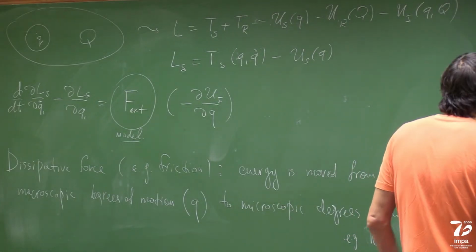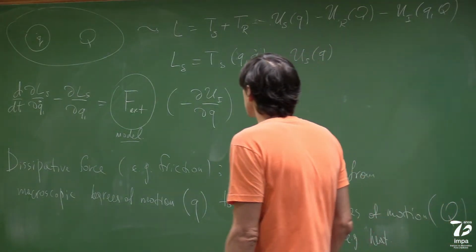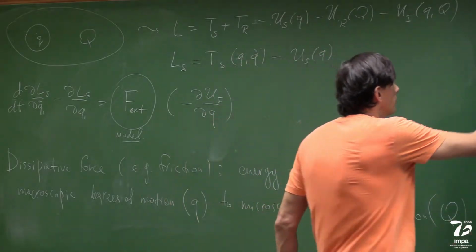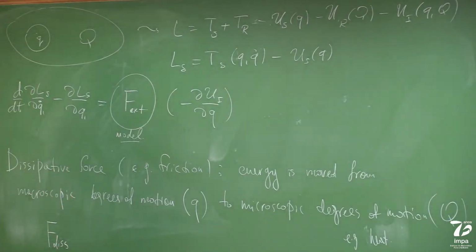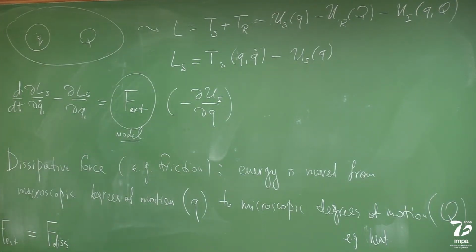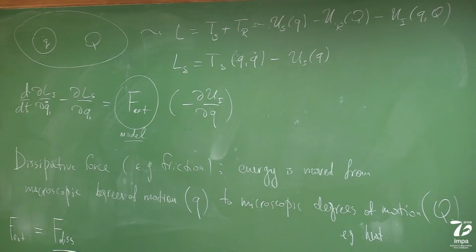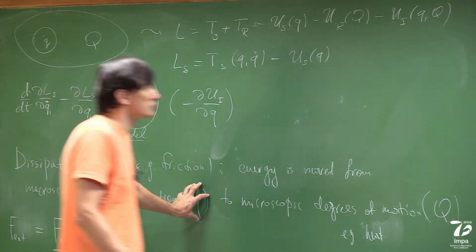You do it from a couple of simple arguments. First of all, we will call this dissipative force F dissipative. So this is an external force. It's not that much external because it's within the same body, but from this point of view it's external with respect to our description of the system.